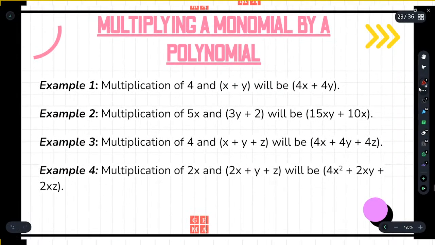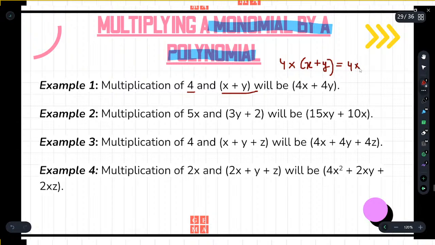Let's do multiplying a monomial by a polynomial. Now this one can be a little bit tricky, but it's easy. 4 and x plus y, how do I multiply that? It is actually nothing but 4 into x plus y, right? Now for solving this bracket, I will have to multiply this to all the individual terms inside the bracket, right?